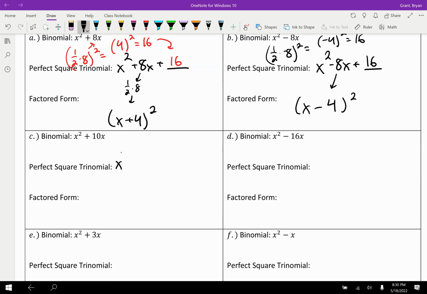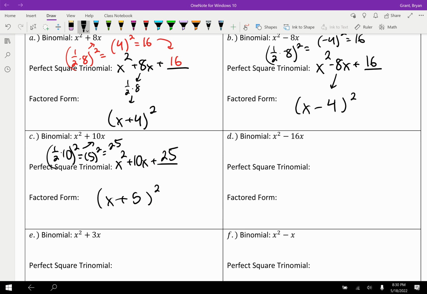A couple more. x squared plus 10x plus what? Well, half of 10 and then squared. That's got to be 5 squared, which I think is 25. So x squared plus 10x plus 25 is our perfect square trinomial. We completed the square to get there. And then the factored form is easy. Half of 10 is 5, and we're set.